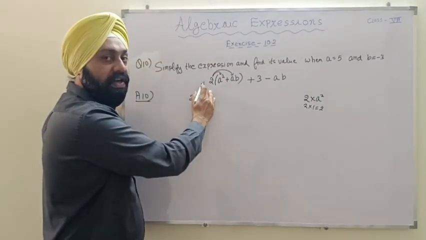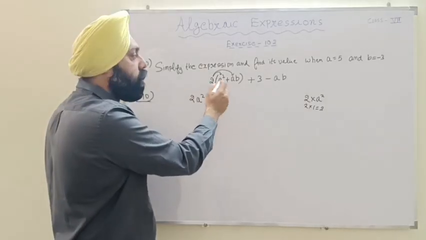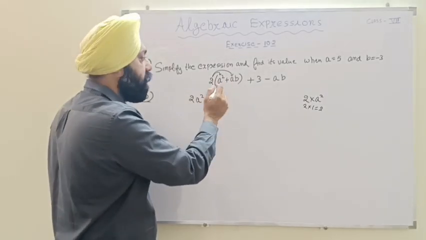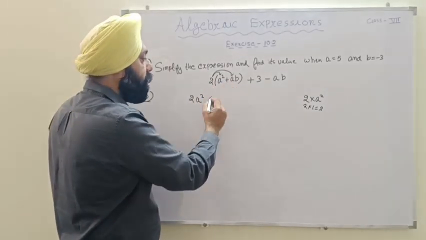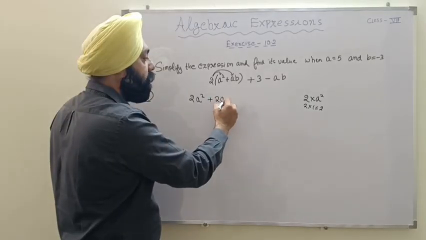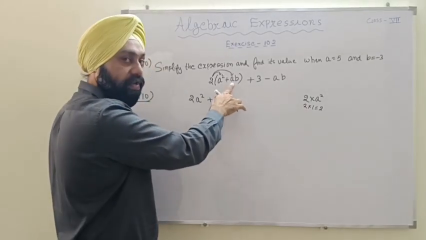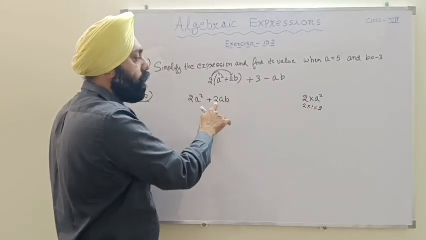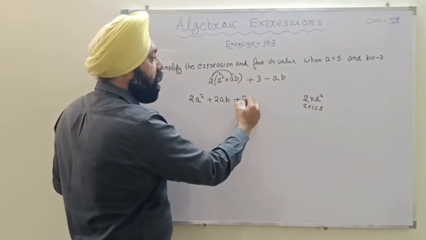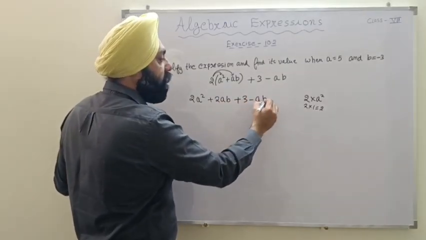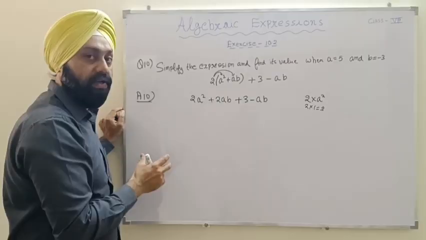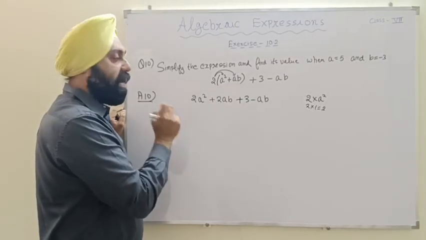And since there is no negative sign in front of the bracket, the sign inside the bracket will not change. So 2 into ab will give 2ab, because the numerical coefficient of ab was 1, and 1 into 2 will give 2. So plus 3 and minus ab as it is. Now we have opened the bracket. The next step is to combine the like terms.